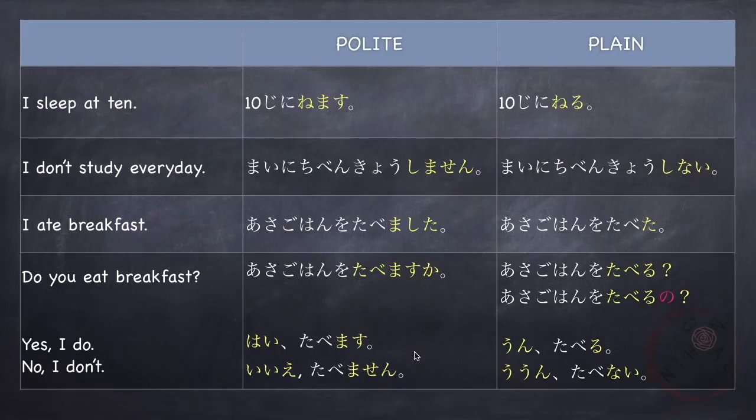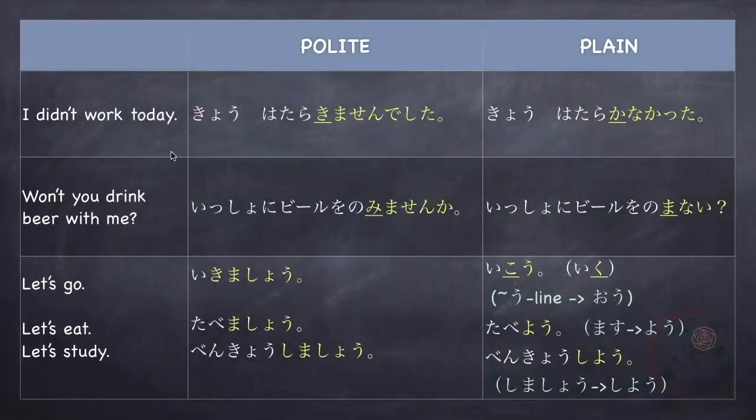For example, yes, I do. はい、食べます。In plain form, 食べる. So, is the informal way of saying はい。いいえ、食べません。食べない。is the informal way of saying いいえ。Next, I didn't work today.